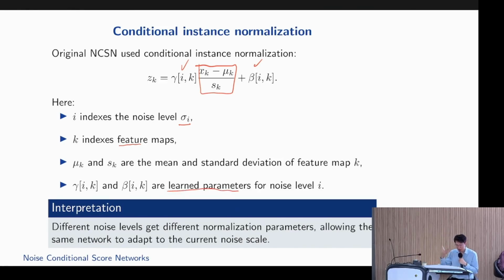So for each noise level, for each feature map, they introduced these additional learned parameters, gamma and beta. And this is just an instance norm where you take x_k, subtract the mean, and divide by the standard deviation of the feature map.